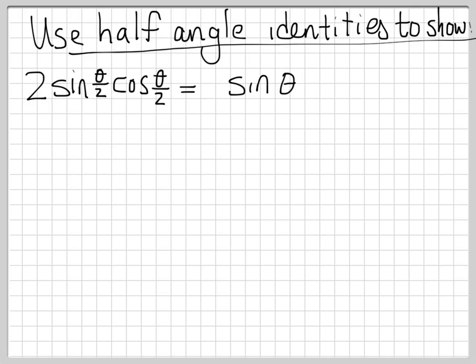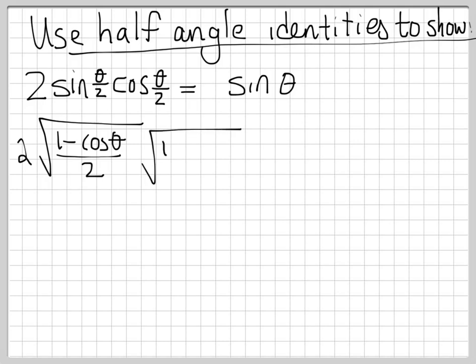And so we get 2 times the square root of (1 minus cosine theta) over 2 times the square root of (1 plus cosine theta) over 2, which is, well, radical 2 times radical 2, when we multiply these two, we're going to get 4 underneath the radical, which will become 2 outside the radical in the denominator, and that 2 will cancel with the 2 outside.